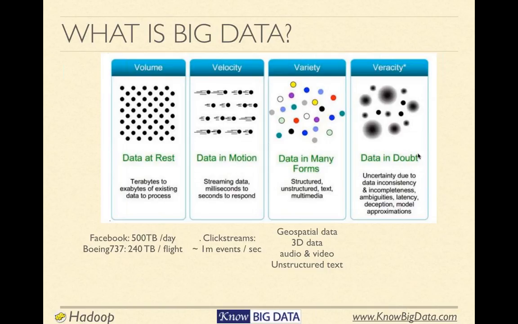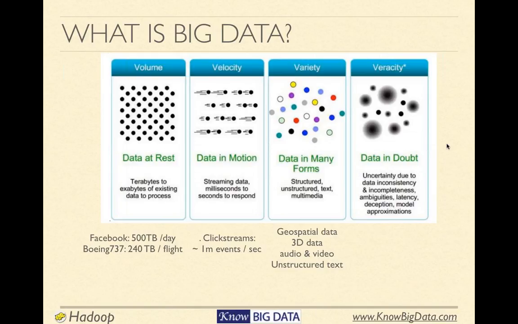Now the fourth one is veracity. Veracity is something which is a little new. This is IBM's definition, where they talk about veracity. Veracity means that because of confusion and doubt about whether a piece of data can be dropped or should be kept, you have to retain the data until you clear the confusion.